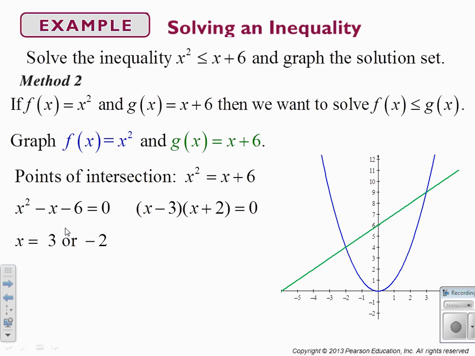Okay, so from before, we know that x is equal to 3 or negative 2 is where our functions are equal. And when we plug in 3 to our f function, we get 9. And when we plug in negative 2 into our f function, we get 4.